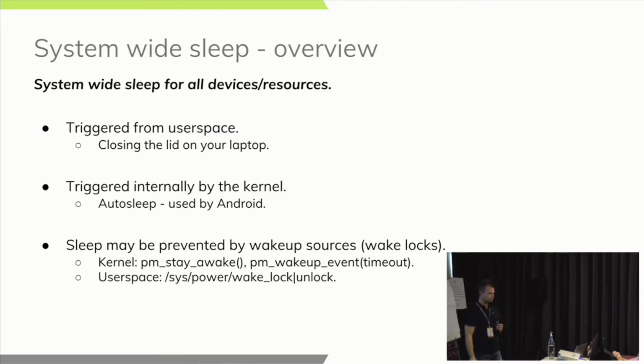There is one way of dealing with idle, and that's the system-wide way of doing it: the system-wide sleep. In this way, the entire platform goes to some kind of low power state in a controlled fashion.